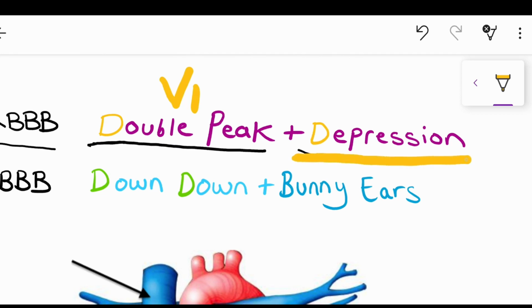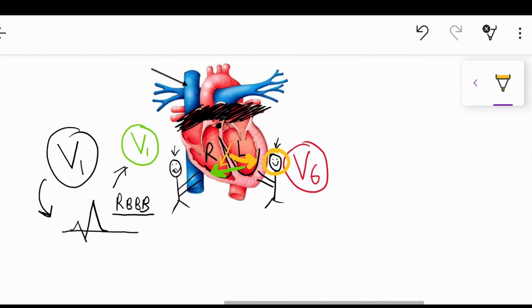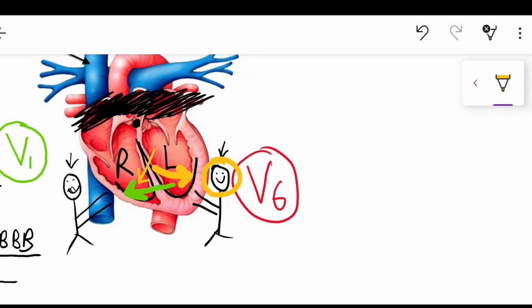But we have depression. Where does this come in? Well, this is for V6. Now let's focus on the perspective of V6, but we're still focusing on the right bundle branch block. Okay. Let's do the same.